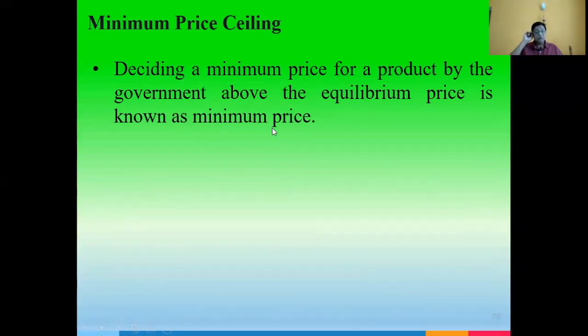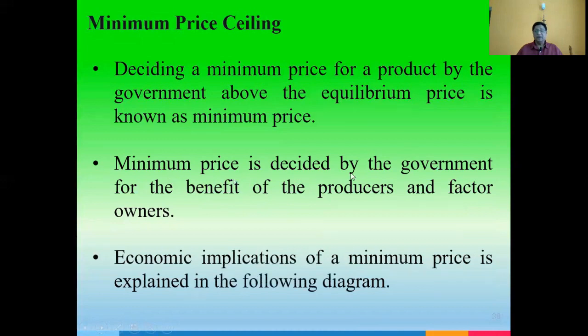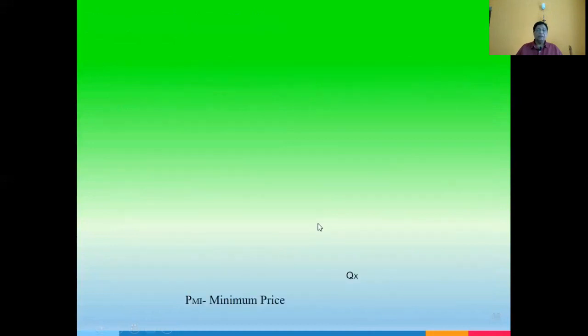Minimum price is always effective when it is above the equilibrium price. Minimum price is decided by the government for the benefit of producers and owners of factors of production. Economic implications of minimum price are explained in the following diagram.